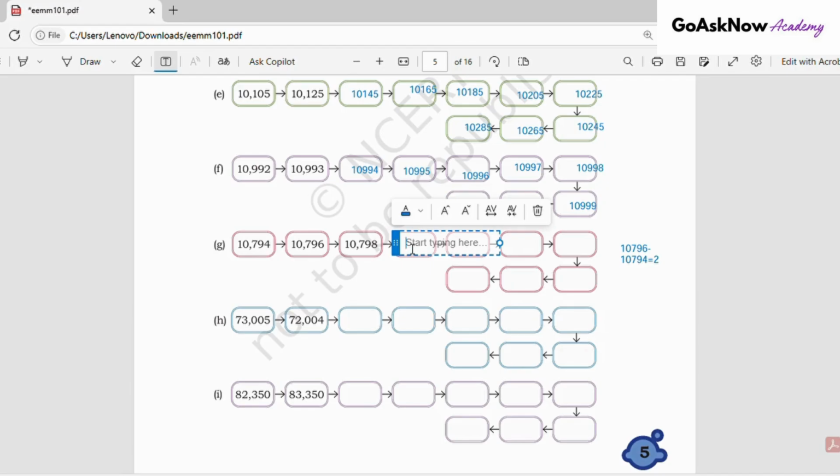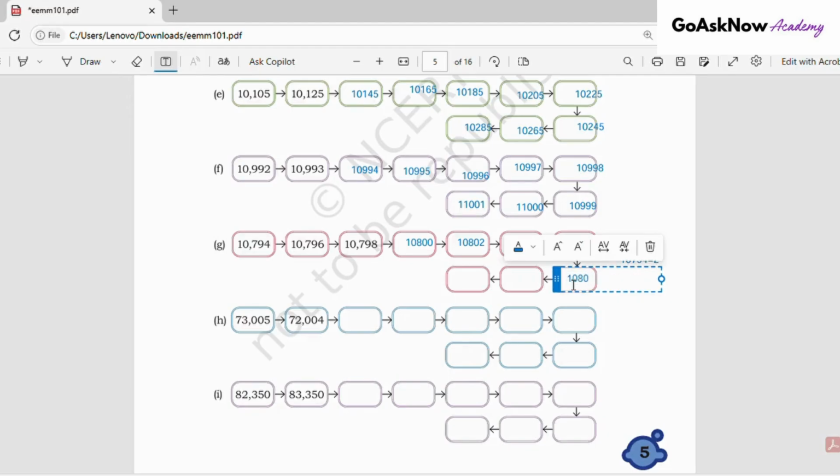We are adding 2: 10,800 plus 2 is 10,802, 10,804, 10,806, 10,808, 10,810, then 10,812, which is the answer for part G.